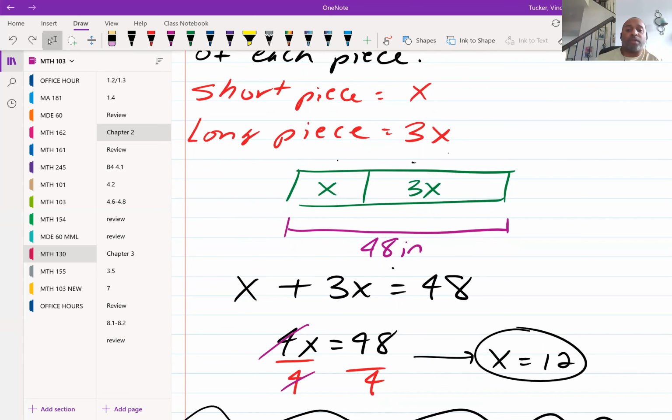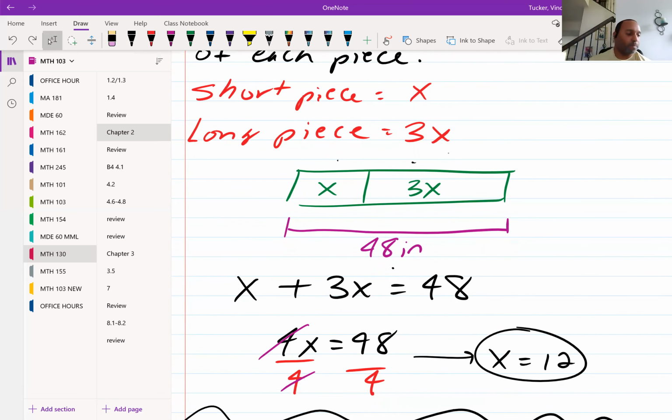Then divide by 4. x is equal to 12. All right, so before we finish the problem off, not completely finished yet, is everybody okay with how we got to 12?